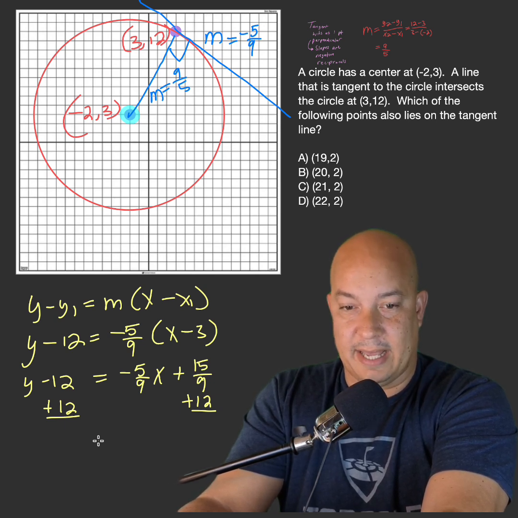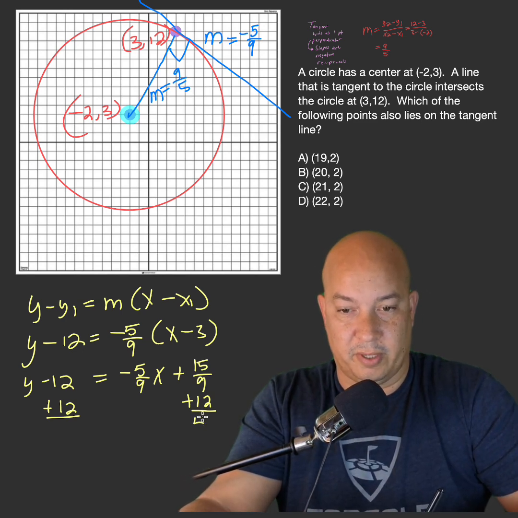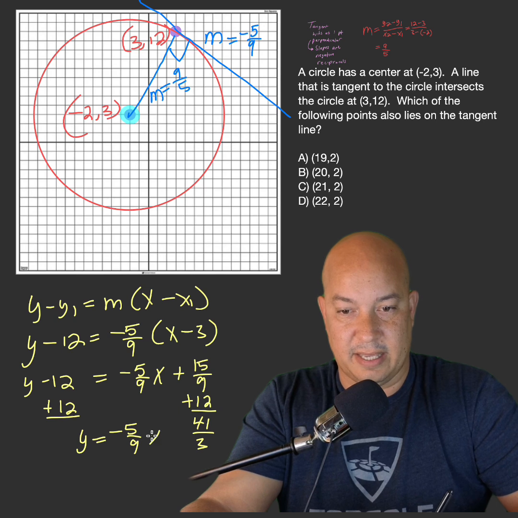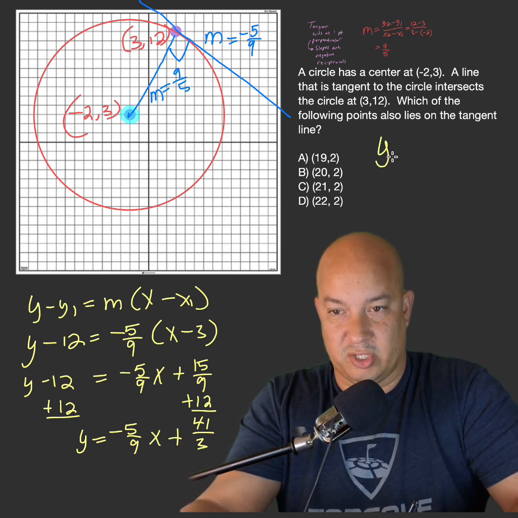So when I added the 12 to the 15/9, I got 13.6 repeated. And as a fraction, that's 41/3. So right now we've got y equals -5/9 x plus 41/3. And that'll be the equation of our tangent line.